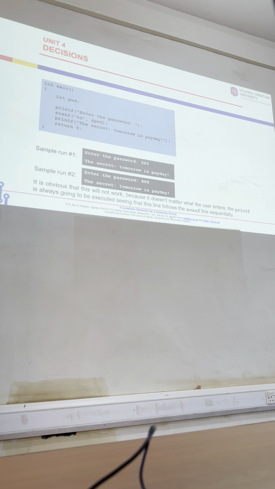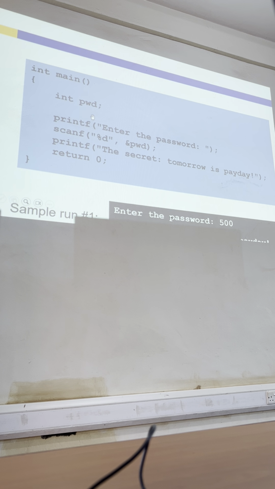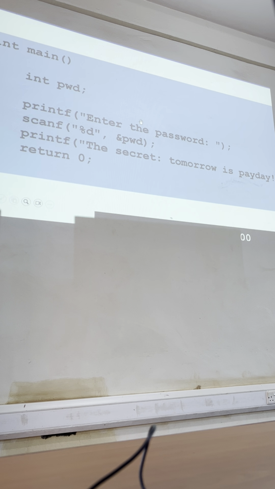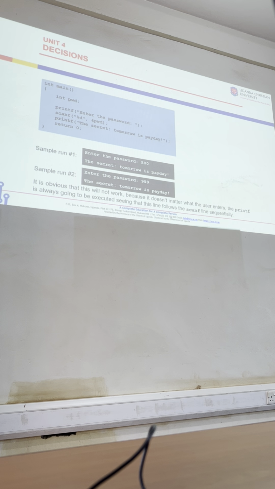So you have a situation whereby maybe you have a password and you want a certain secret, for example, to only be printed when someone enters the right password. So if you just say enter password and then you read the password, if you print, you are going to tell them the secret, whether the password they have entered is right or not right.